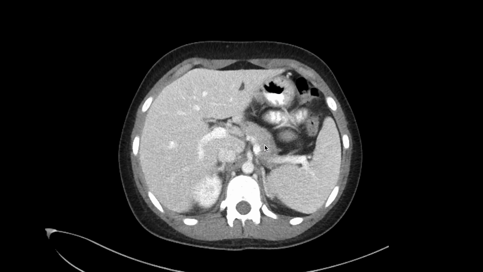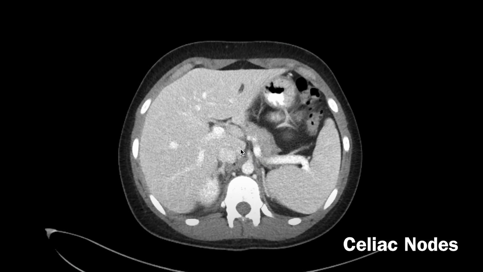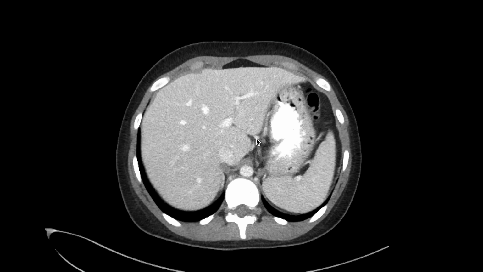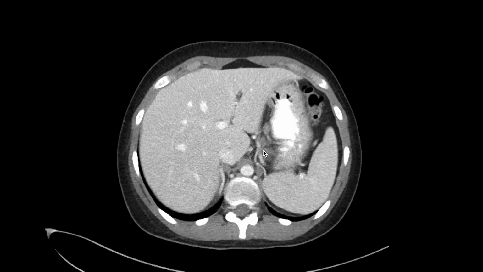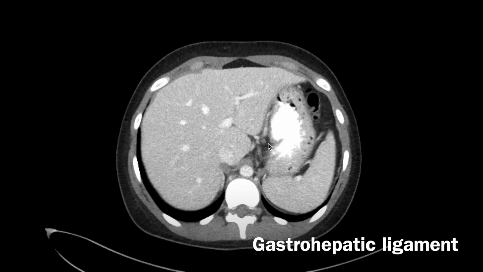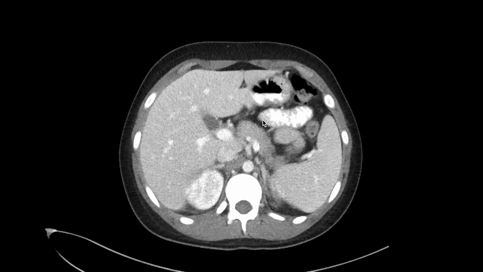Back to the upper abdomen, we have the area adjacent to the celiac artery. If you see abnormal nodes there, we call them celiac nodes. A common place to see nodes is here along the lesser curvature of the stomach. Over here, this is all gastrohepatic ligament. So you can call these gastrohepatic ligament nodes or nodes along the lesser curvature.